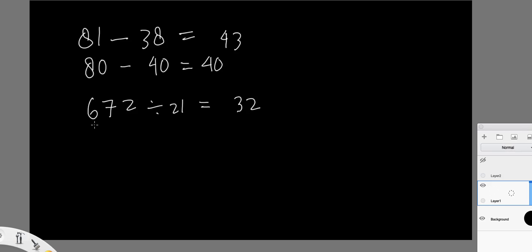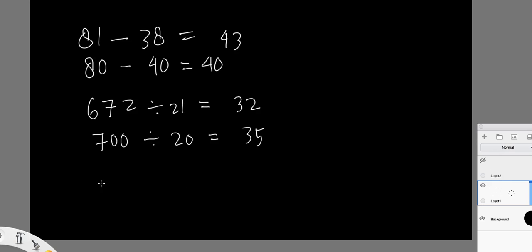We know that 672, we round to the nearest 100, will be 700. 21, we round to 20. So our answer is 35. 32 and 35 are quite close.